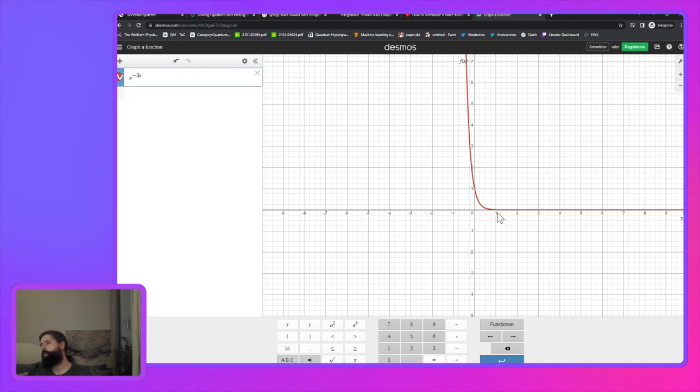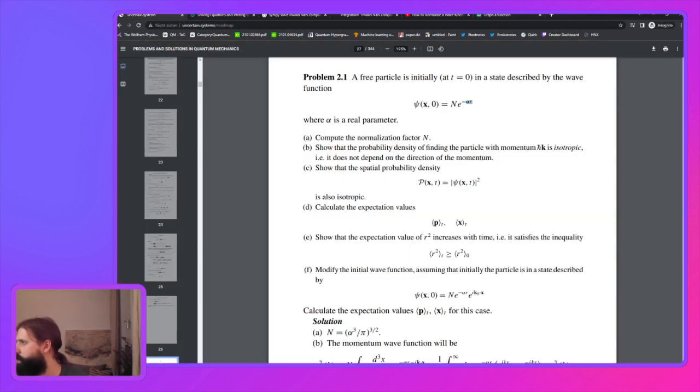But the integral, I need to bound it somehow. There's something off that I don't know how to fix, because this function just goes nuts. That's why it's so weird.